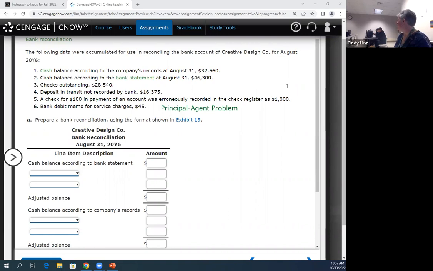If you have a job right now, why do you work for the company where you work? Make money. For who? Yourself. You get a job, regardless of what your job is, because you want to make money. You want to get paid. Otherwise, you just do volunteer work.